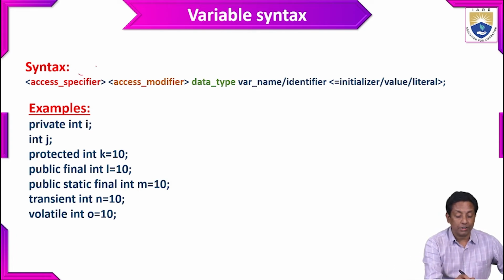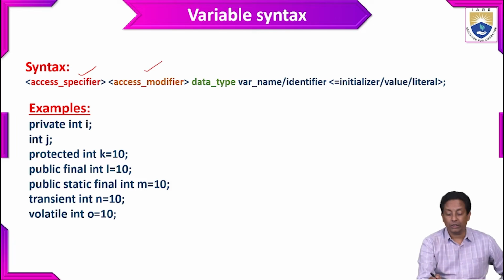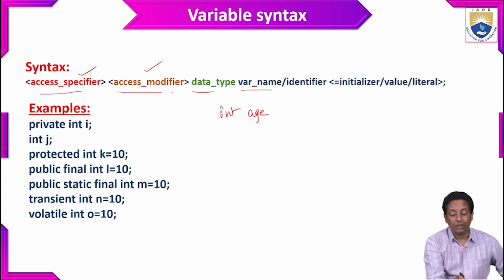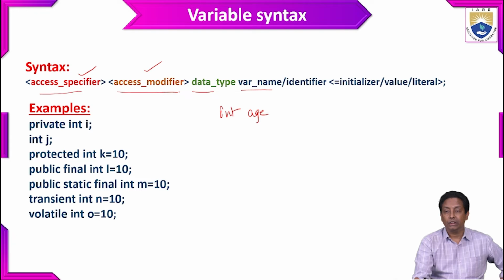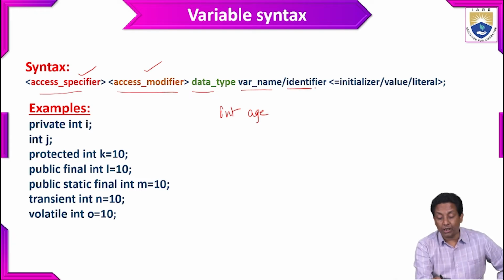So for a variable also, first the access specifier comes, which is optional. The access modifier comes, that is also optional. For variable declaration, data type is compulsory, variable name is compulsory. Data type and variable name are compulsory to declare variables. Access specifiers are optional. Access modifiers are optional. Another name for the variable name is identifier.